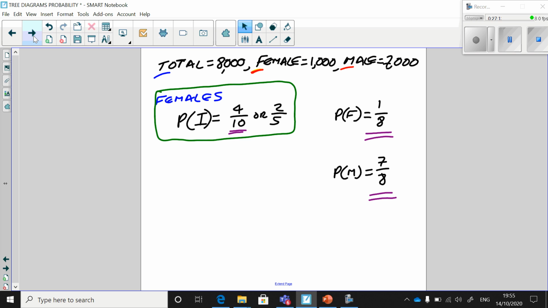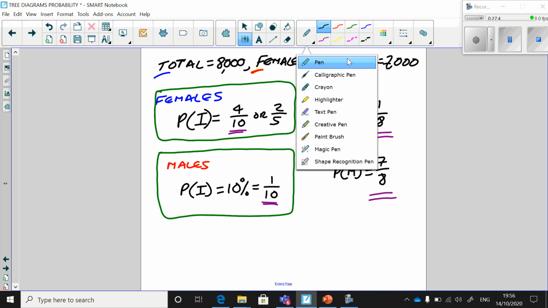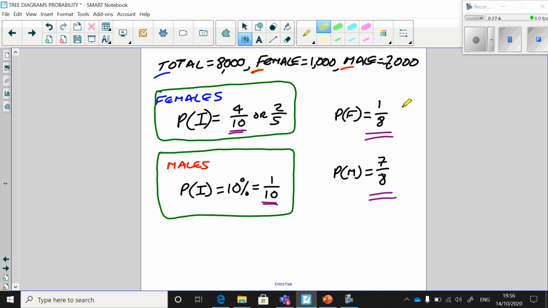So you see we're told 8,000 total, 1,000 female, 7,000 male. Females' probability of being infected: 4 out of 10. Males, 10%, 1 out of 10. And on the right hand side, that's the probability of selecting our males or females.